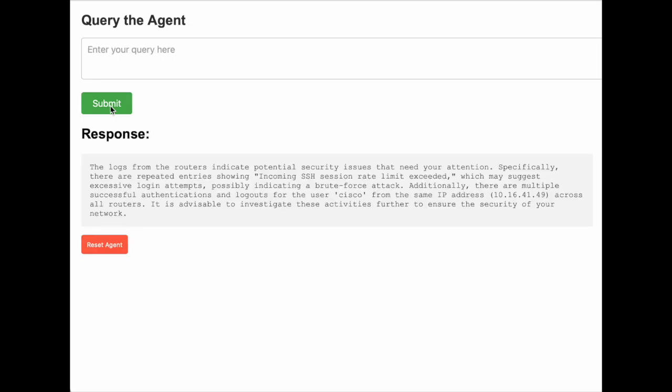They indicate potential security issues that need your attention, especially the repeated entry showing incoming SSH session rate limit exceeded, which may suggest excess login attempts indicating a brute force attack.